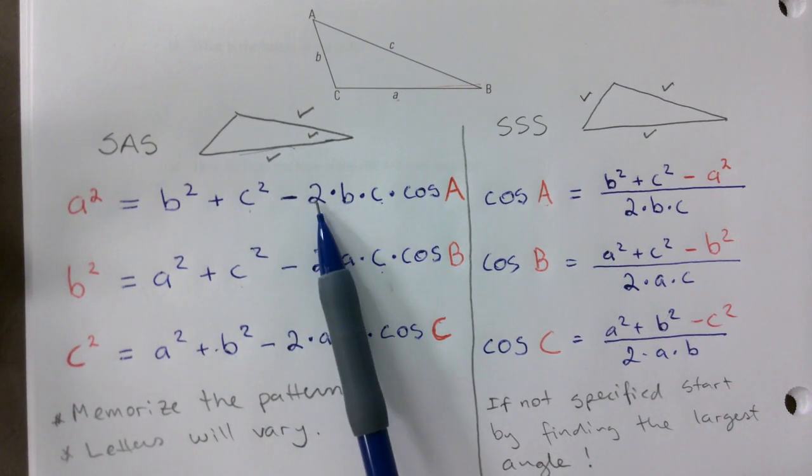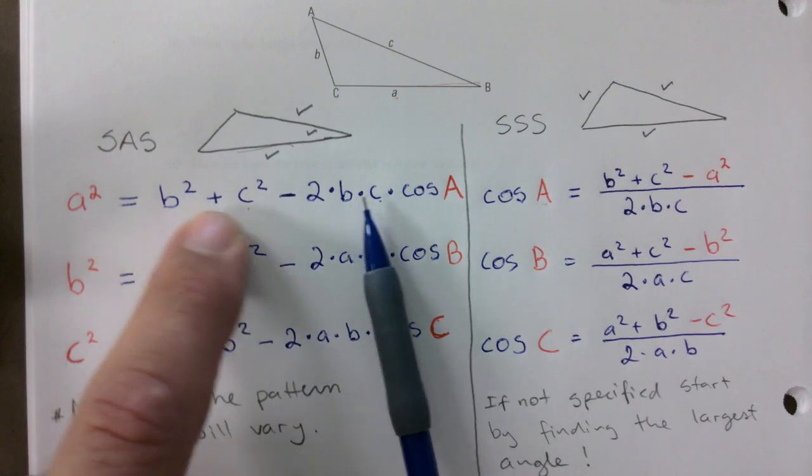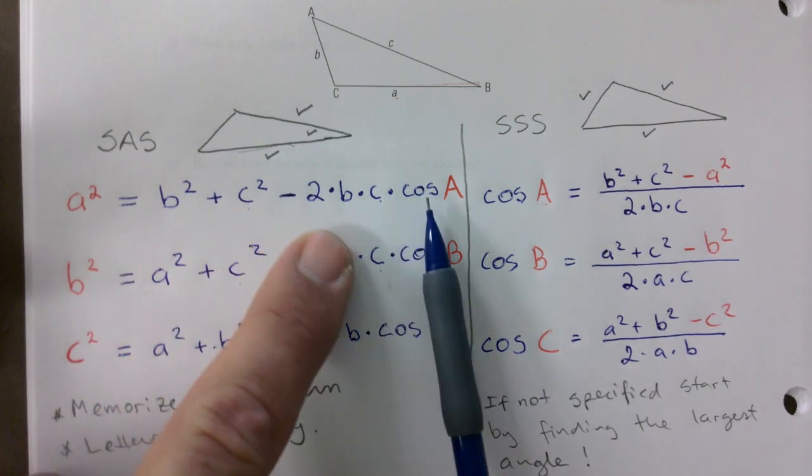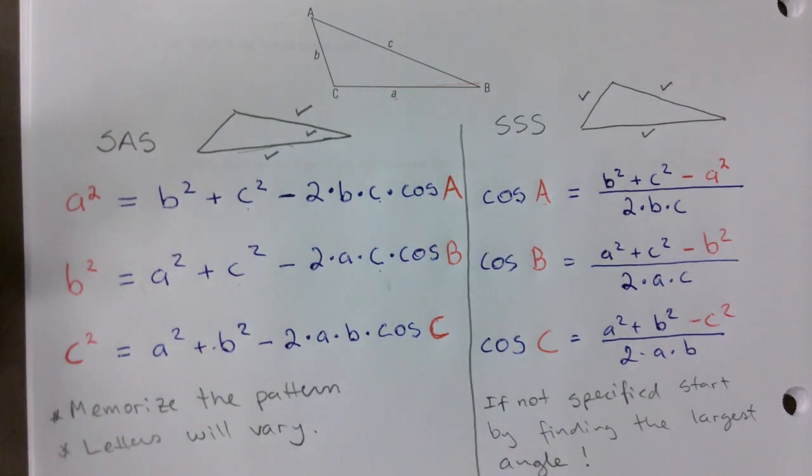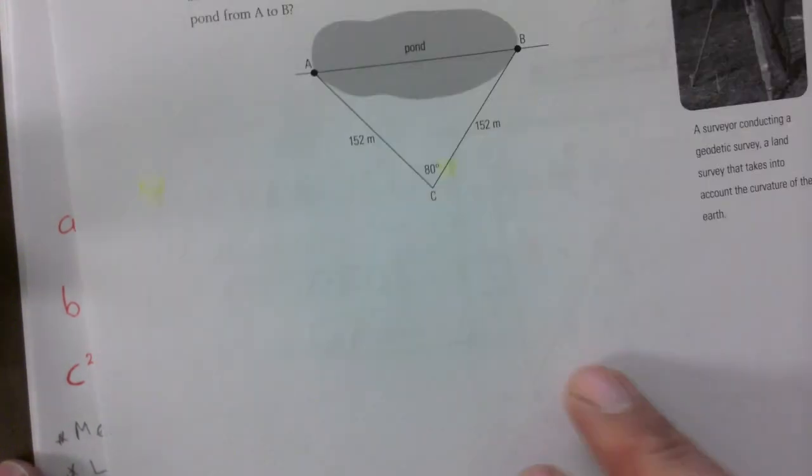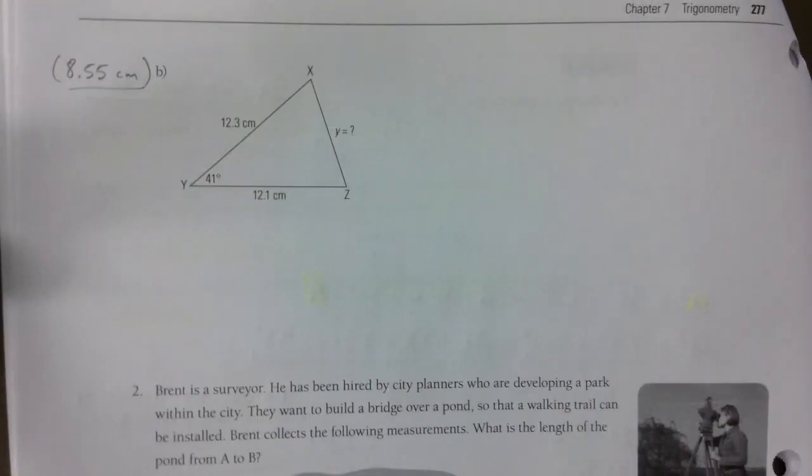Then you go minus 2 times b times c times cosine of A. And if you have a good calculator, that's going to go a long way to help you out there, okay? So let's go back to 277 and actually work through that question.